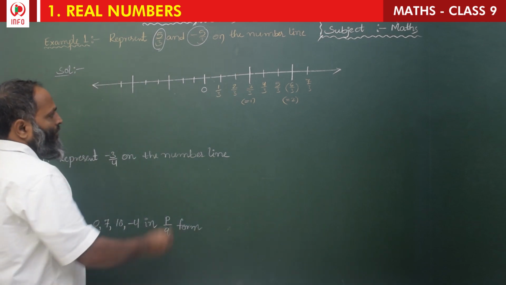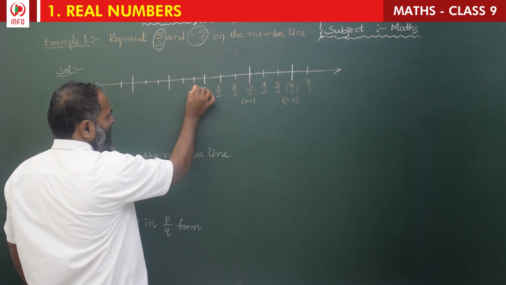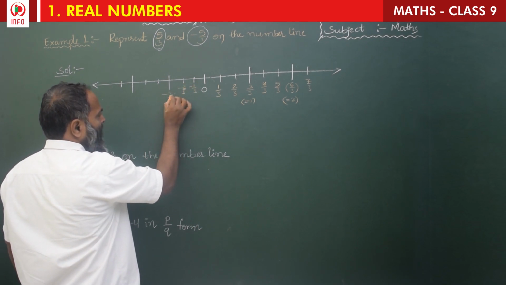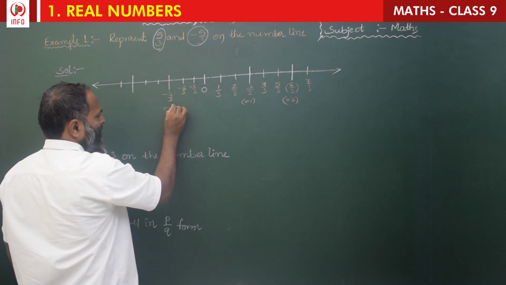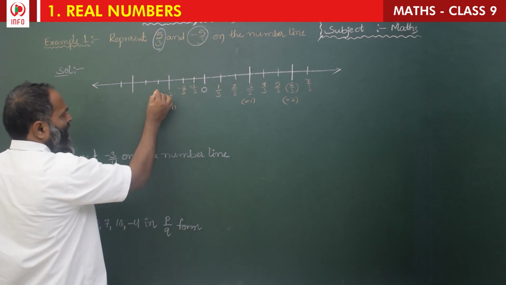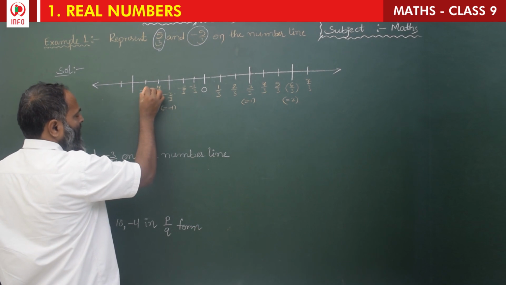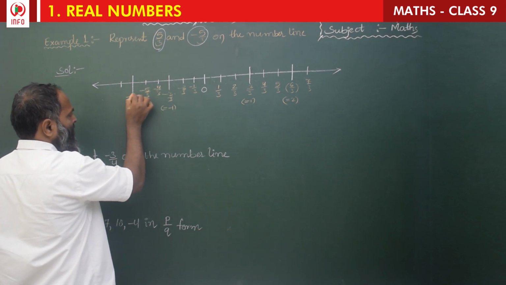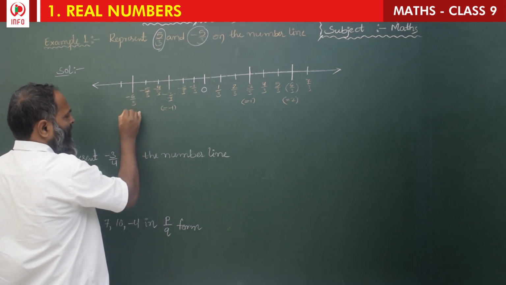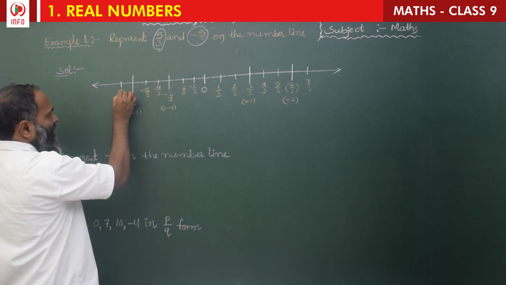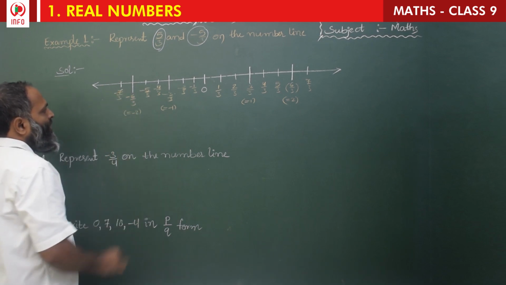Now, here minus 1 by 3, minus 2 by 3, minus 3 by 3, which is minus 1, here minus 4 by 3, minus 5 by 3, minus 6 by 3, a 3 multiple, so that is minus 2, and here minus 7 by 3.